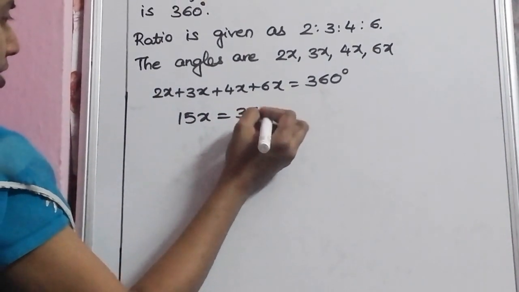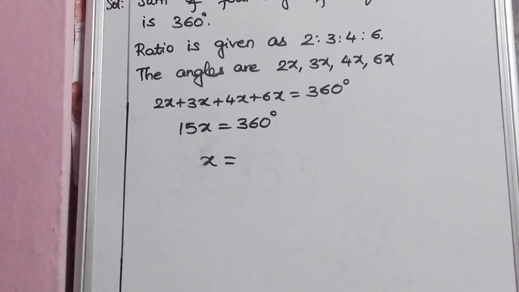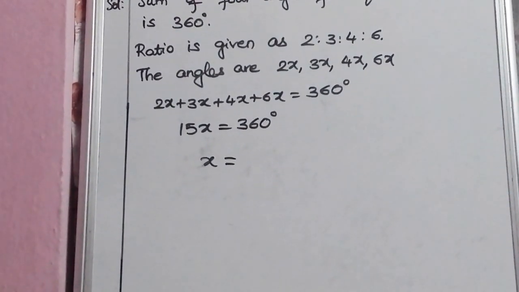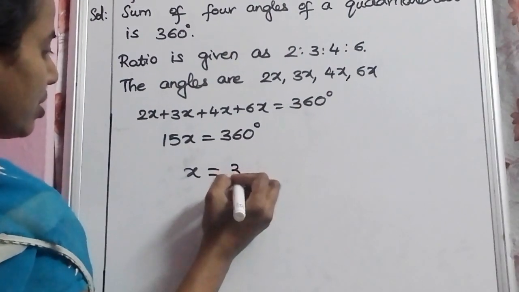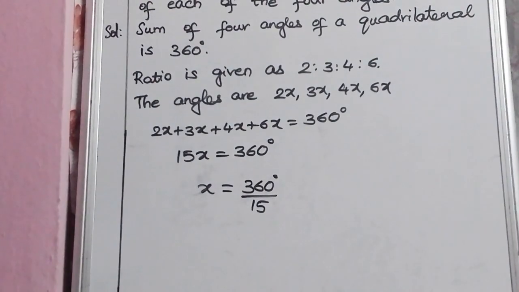to 360 degrees. Now x is equal to, multiplication, when it is transposed, it becomes division. So you will get 360 degrees divided by 15.